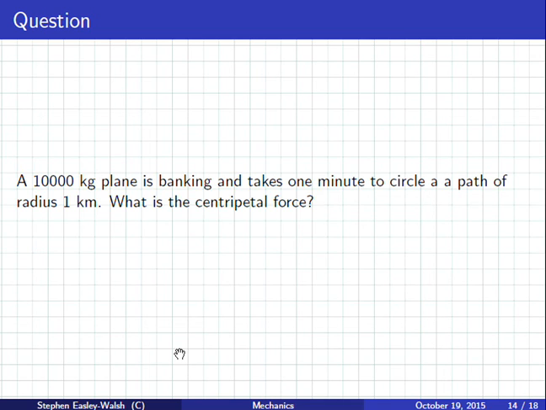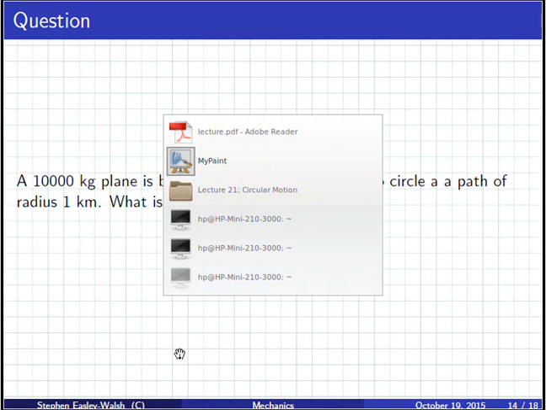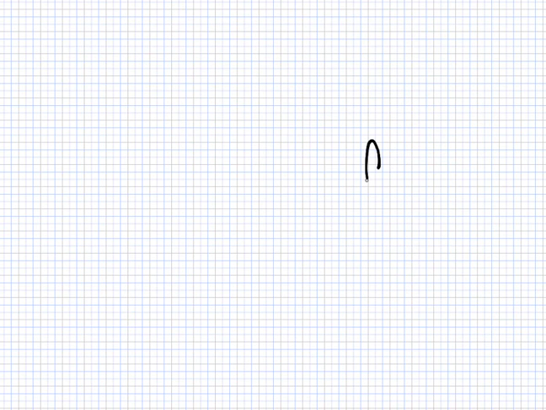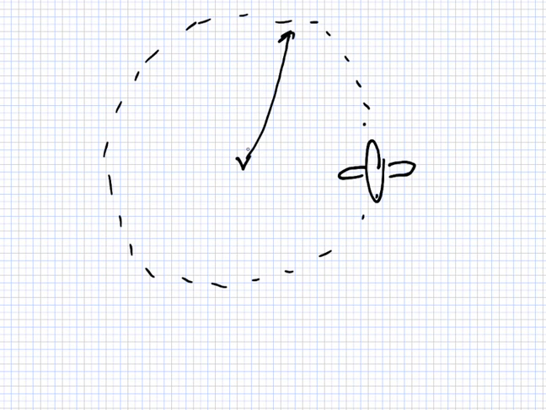So a 10,000 kilogram plane flies in a 1 kilometer circle in 1 minute. So I'll draw that for you. Here's my plane, and it flies in a circle. And this circle here is 1 kilometer.